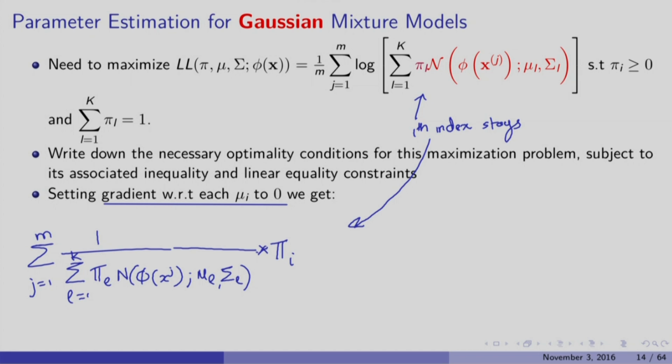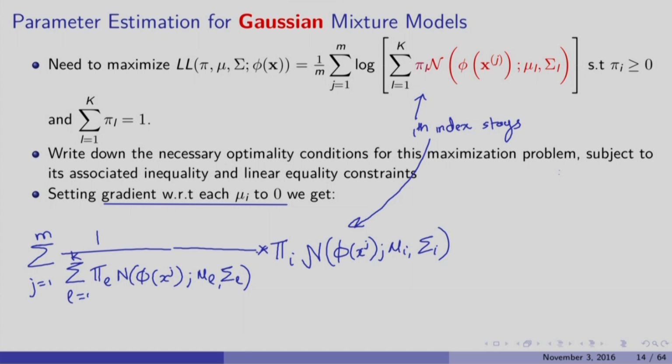How about the derivative, the gradient for the normal distribution? The normal distribution is e raised to a quadratic expression. The derivative of e raised to x is e raised to x. So we will have the normal distribution including the exponentiated term and multipliers remain as they are for the ith cluster. So this is N of phi(x_j) given mu_i, sigma_i. Finally, what we will have is the derivative for the exponent.